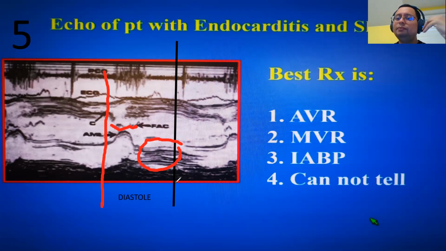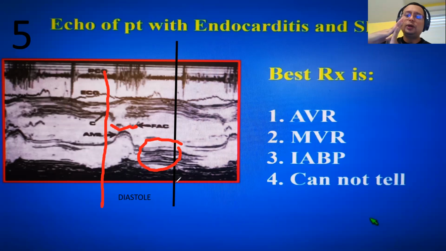Okay, so what can this be due to? This is because of very high left ventricular diastolic pressure. If you have very severe aortic regurgitation, you have very high left ventricular end diastolic pressure. If you have high left ventricular end diastolic pressure, even before the end of diastole, your mitral valve has already closed.